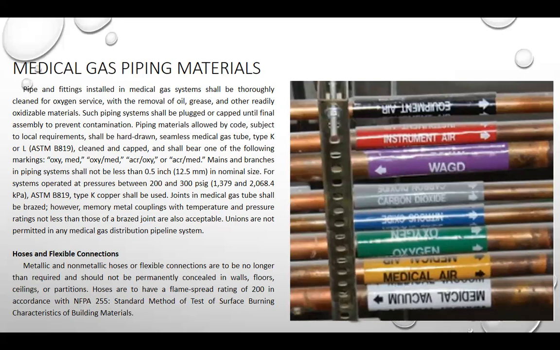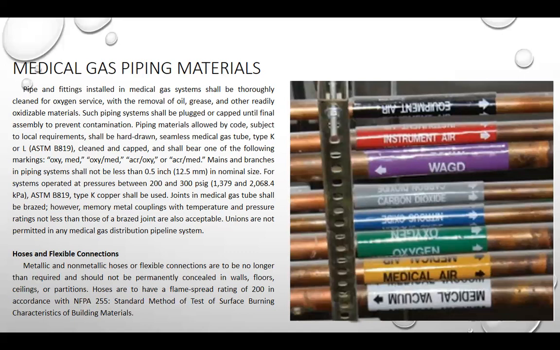Joints in medical gas tube shall be brazed. However, memory metal coupling with temperature and pressure rating not less than those of the braze joint are also acceptable. Unions are not permitted in any medical gas distribution pipeline system. Sort of brazing lang. Hoses and flexible connection.